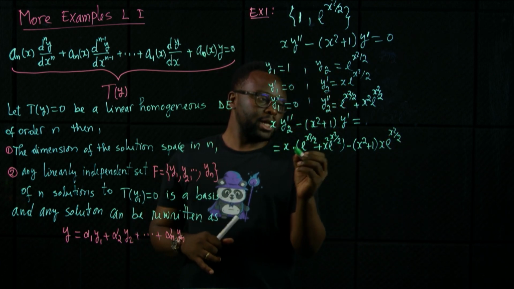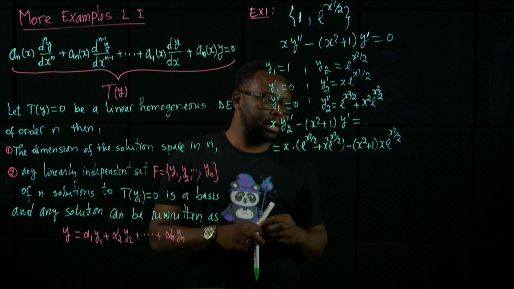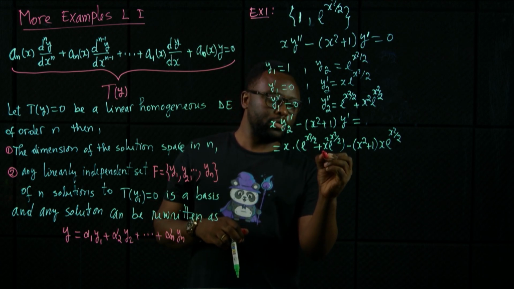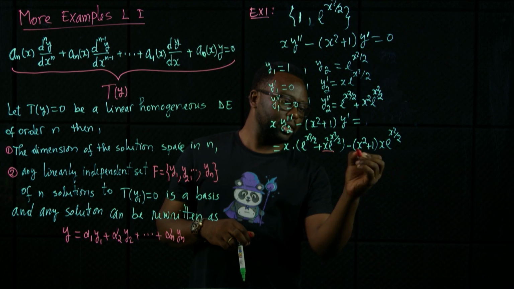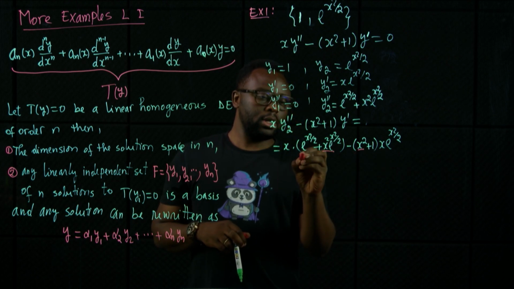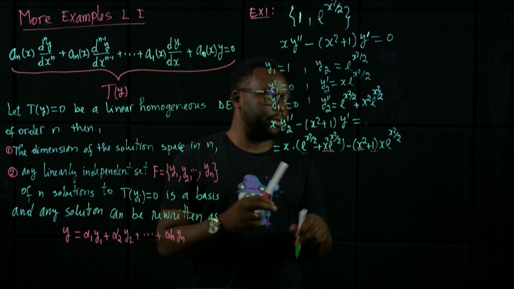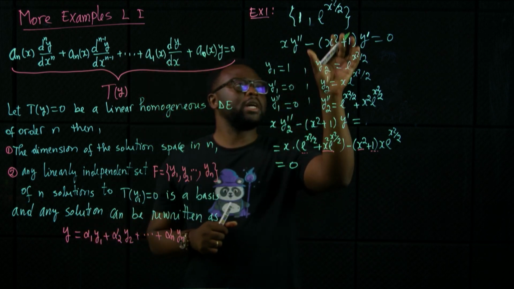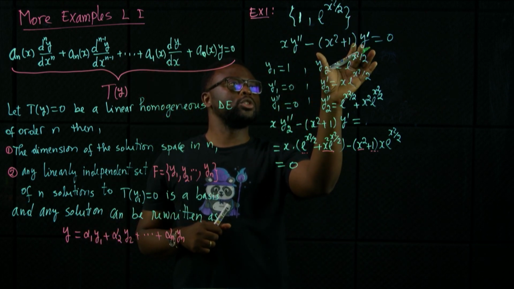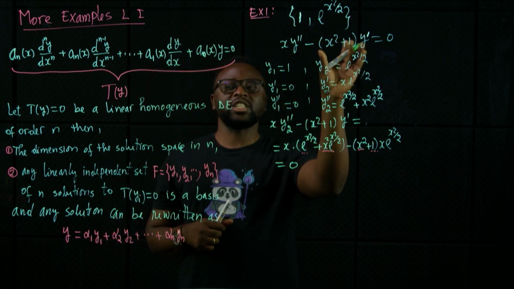If we expand this, you see that we have x to the power 3 here, and here we also obtain x to the power 3. And the second term is x to the power 1, and here we also have x to the power 1. So this gives us 0. We conclude that this set is a basis for the solution space of this differential equation.